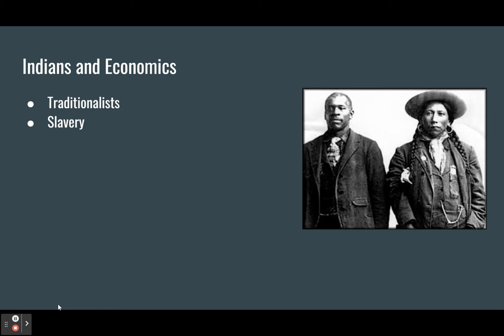For example, to be a slave for a Creek owner or a Seminole owner, slaves had personal property. Slaves acted as interpreters. Slaves moved about with relative freedom.